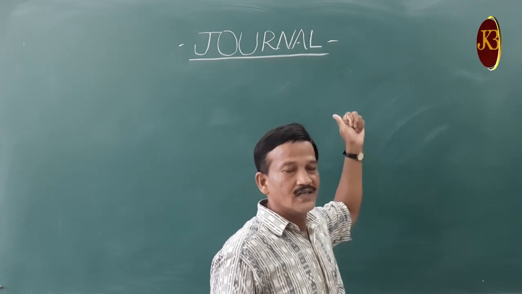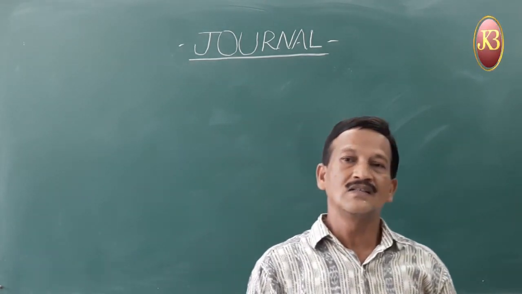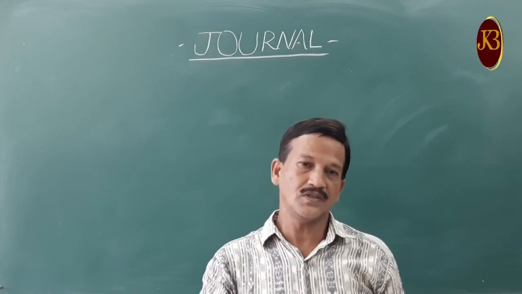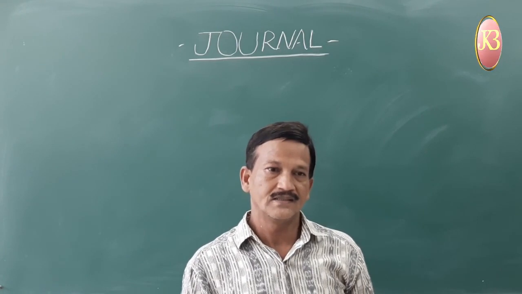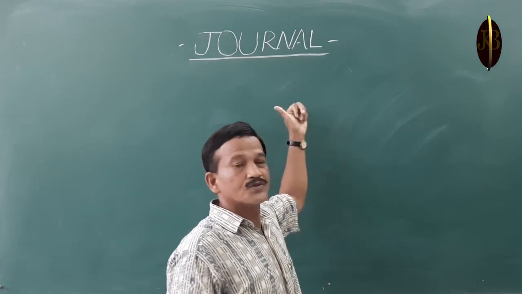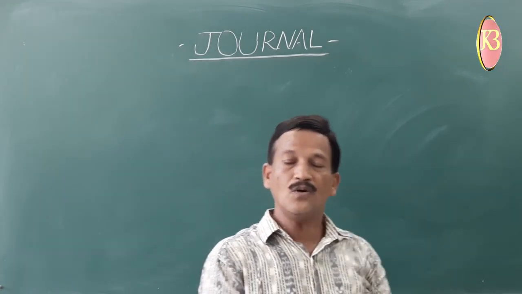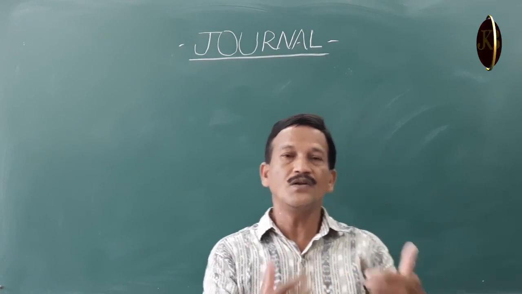The journal is the basis for the ledger and for recording transactions, and it provides the book in which all transactions are recorded in chronological order.